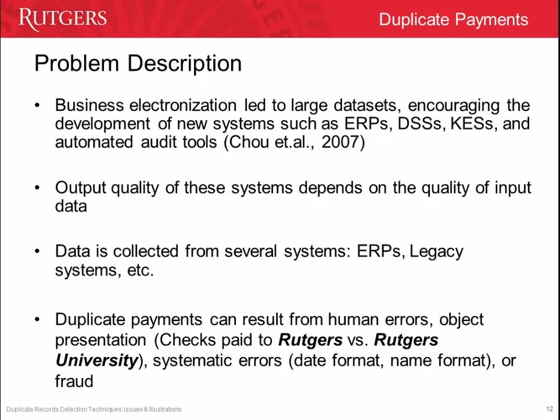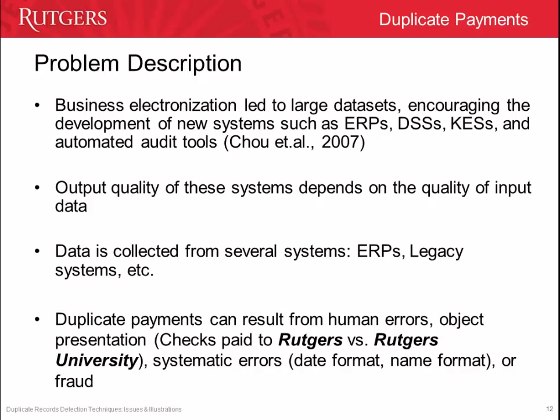Unfortunately, this is not the case in real life because switching to ERP systems is costly, and most of the time companies end up with a lot of legacy systems and ERPs, etc., that would feed into the data warehouses.